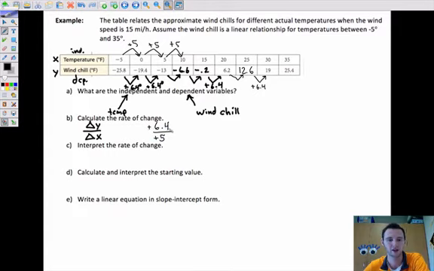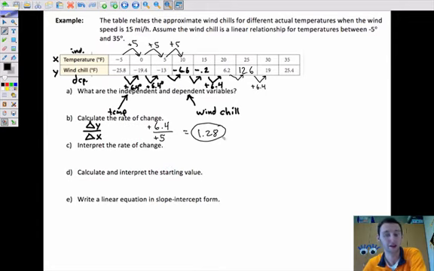So we're going up by 6.4 degrees and up by 5 degrees. So our rate of change then is just the change in y, which is 6.4, divided by the change in x, which is 5. And so that equals 1.28. So our rate of change is 1.28.